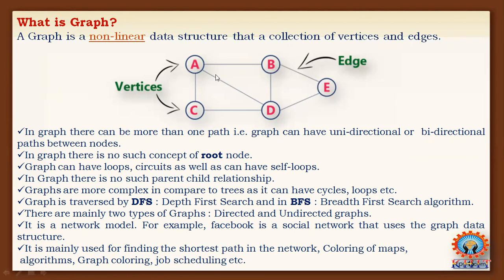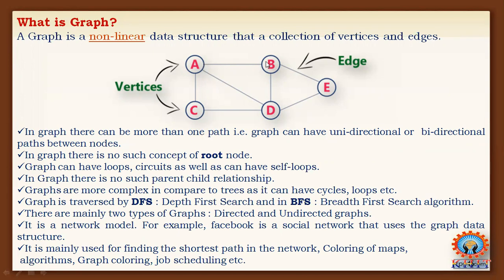And the given graph can contain how many nodes or vertices? 1, 2, 3, 4, 5. There are 5 vertices here. So this is the graph. In the graph, there can be more than one path. That is, a graph can have unidirectional or bidirectional paths between nodes.